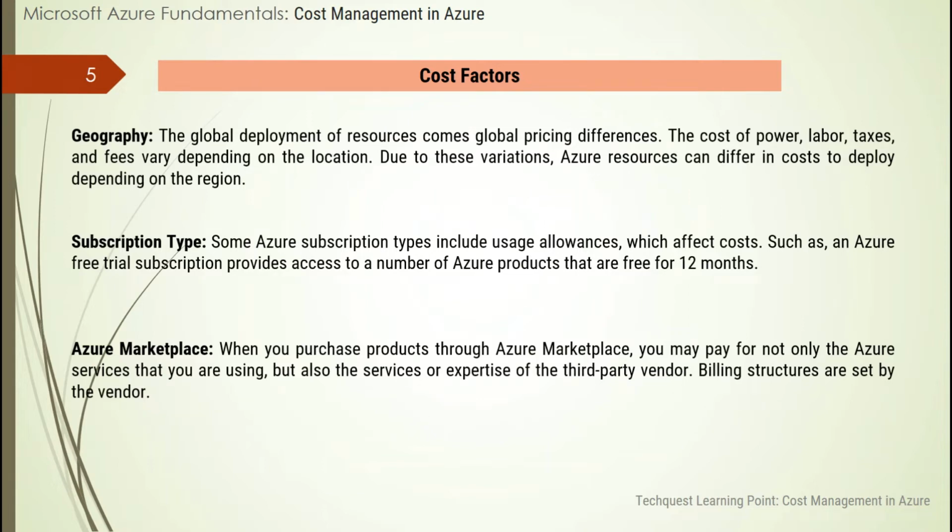When you purchase products through Azure Marketplace, you may pay for not only the Azure services that you are using, but also the services or expertise of the third-party vendor. Billing structures are set by the vendor.